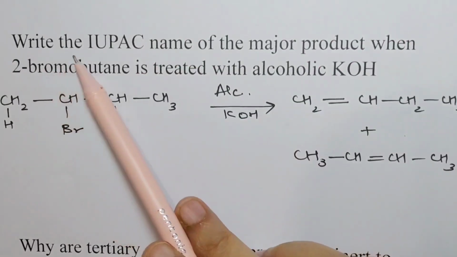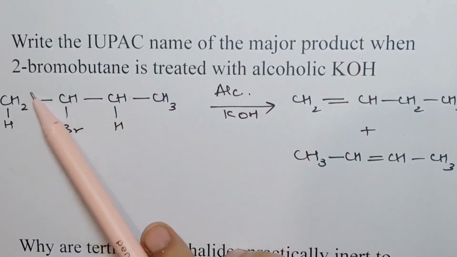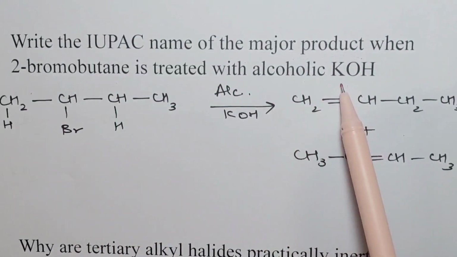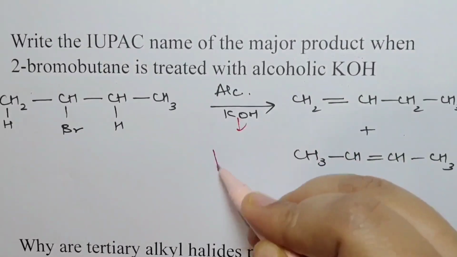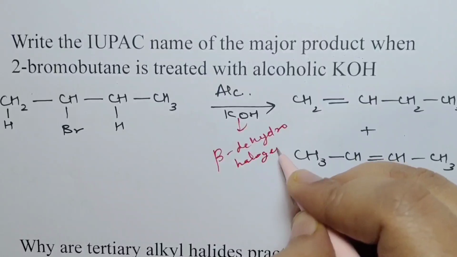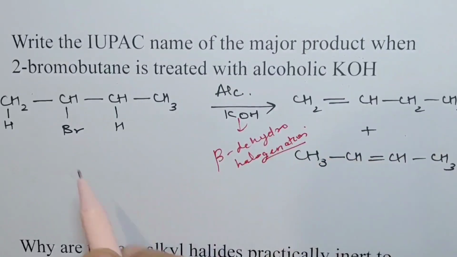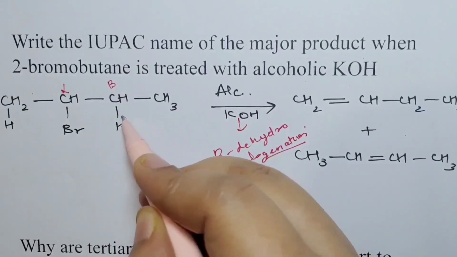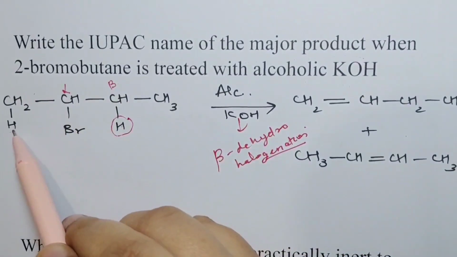Next question. Write the IUPAC name of the major product formed when 2-bromobutane is treated with alcoholic KOH. When we talk about alcoholic KOH, the reaction that takes place is beta dehydrohalogenation. So if this is bromine, this is the alpha carbon, this is the beta carbon, therefore this is the beta hydrogen. This is also beta hydrogen.